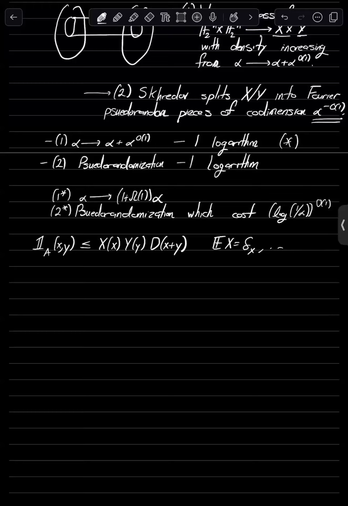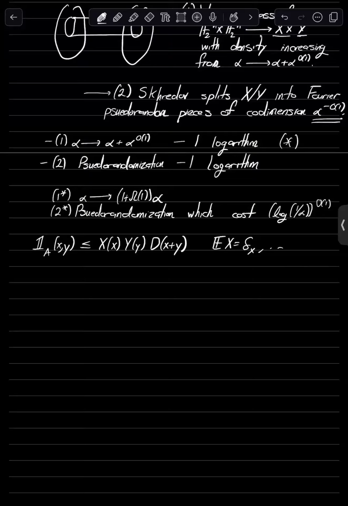So I have a subset of F2 to the n cross F2 to the n, where I'm fixing the first coordinate to be inside capital X, the second coordinate to be inside capital Y, and the sum of the two coordinates to be inside some third set D.